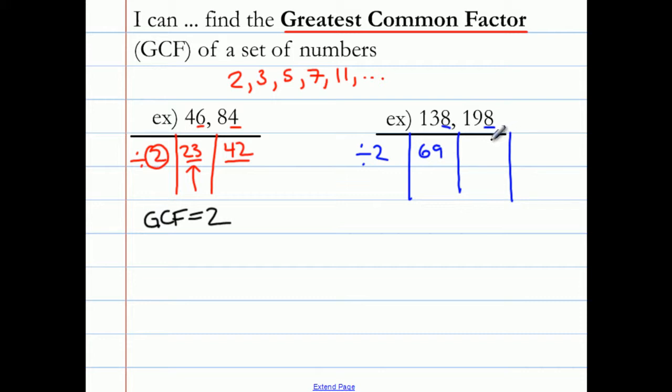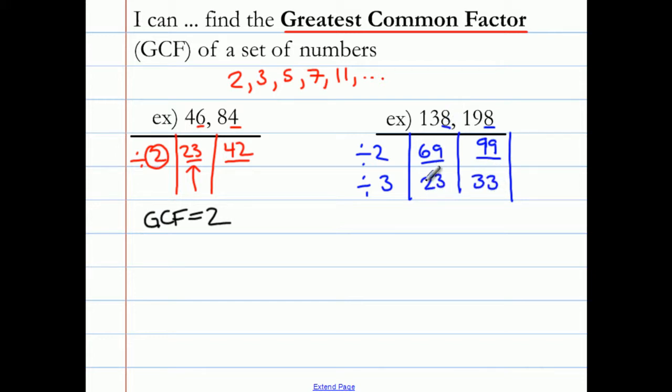If I divide 198 by 2, that gives me 99. I think I can go further with this. I can divide these numbers by maybe a 3, so let's try that. If I divide 69 by 3, that gives us 23. If I divide 99 by 3, that will give me 33.